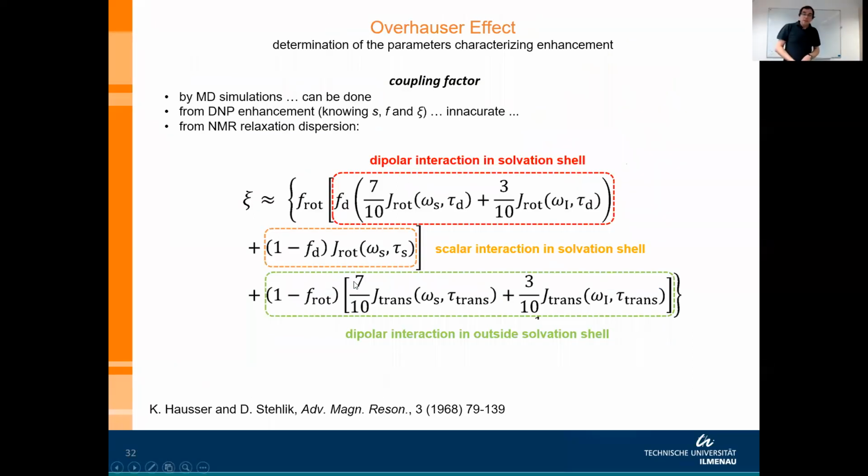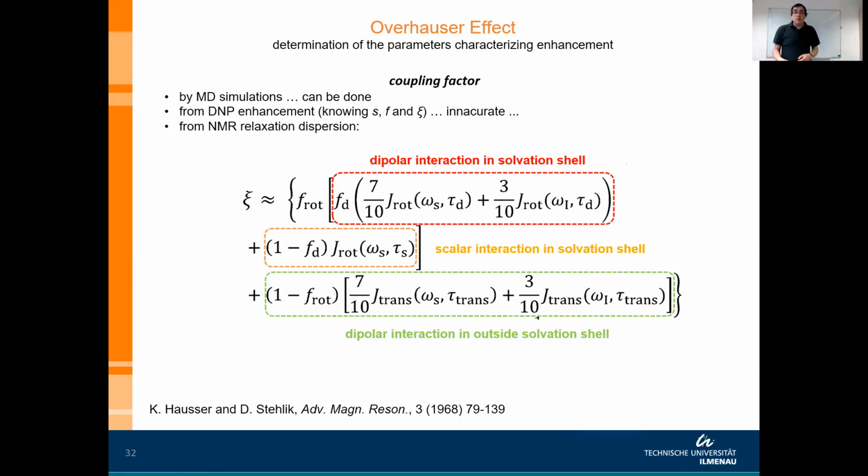Well, here is a bit more formal and much easier to recognize. The coupling factor here is basically a term related with the dipolar interaction, when they are very close, the nucleus in the solvation shell to the electron, and it's described by the rotational correlation functions, rotational spectral densities, one related with the correlation time, and the omega related with the proton or the electron, right?